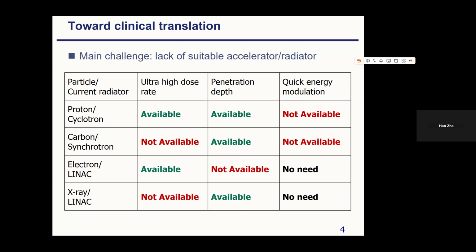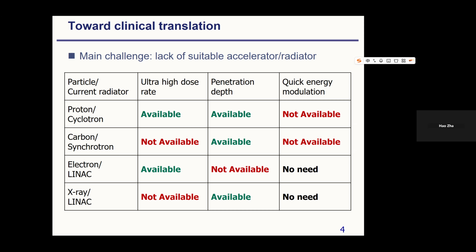If we look at this table, we can see the current landscape of particle options for flash radiotherapy. Proton beams from cyclotrons can achieve ultra-high dose rate and also have very good penetration depths, but fast energy modulation is still a challenge.